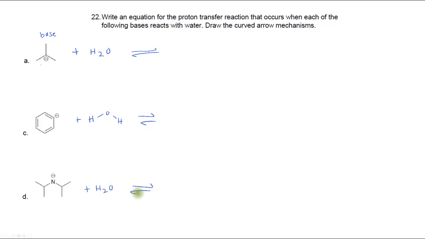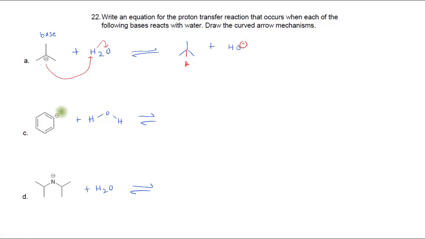And I'm going to draw the arrow mechanism for that. In the first one, the negative charge of the base is going to grab the proton. That electron goes onto the oxygen. So I'd have a hydrogen here, and that becomes OH minus.